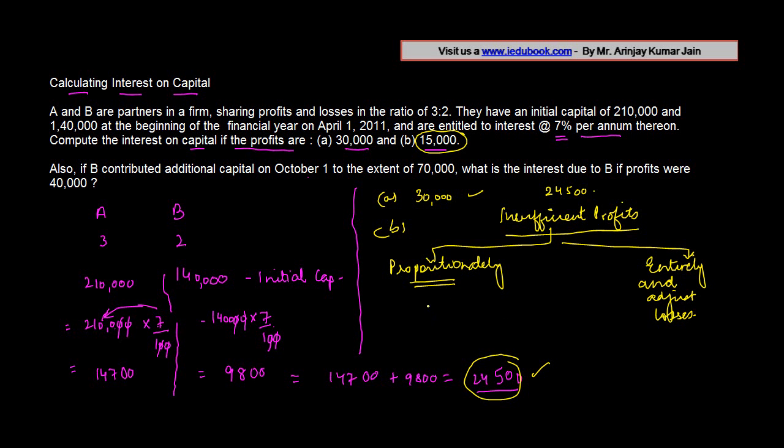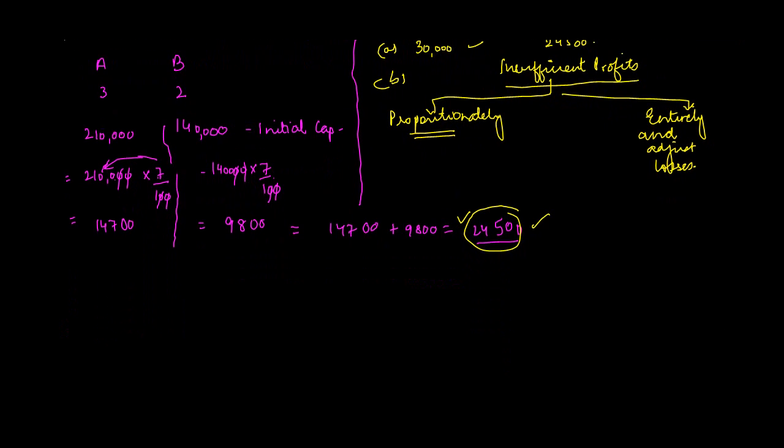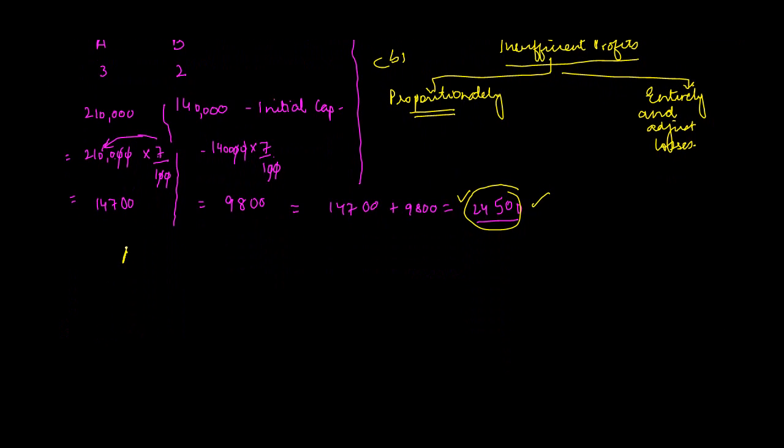Let's see the first one. So how much interest do I have? I have 24,500, but the total profits are 15,000. So how much will A get? A will get, the total is 15,000.